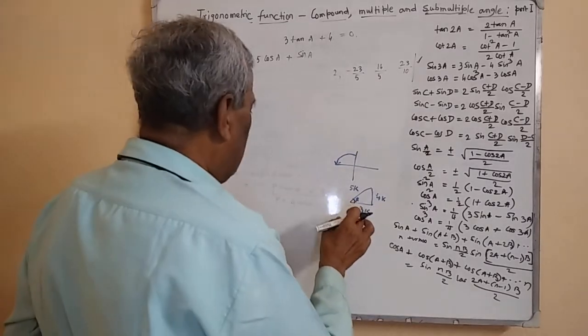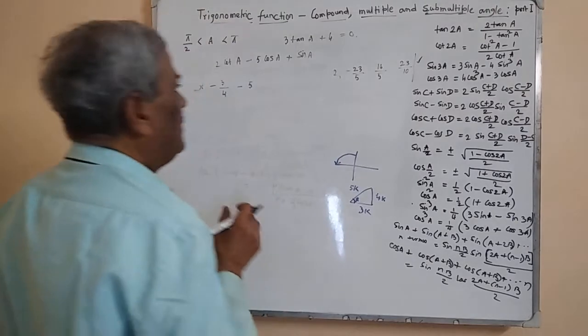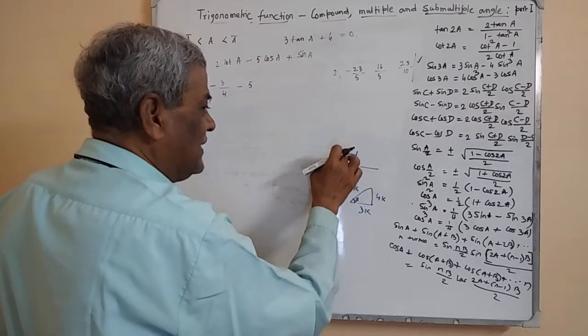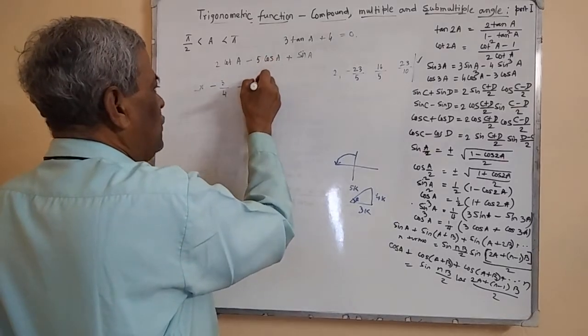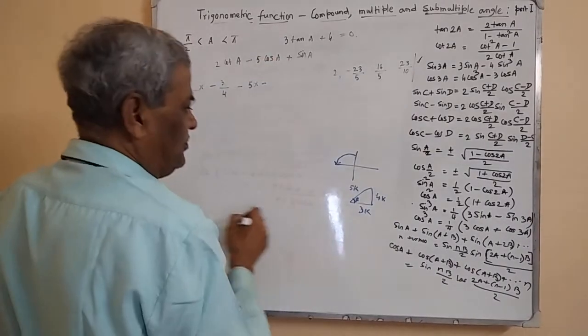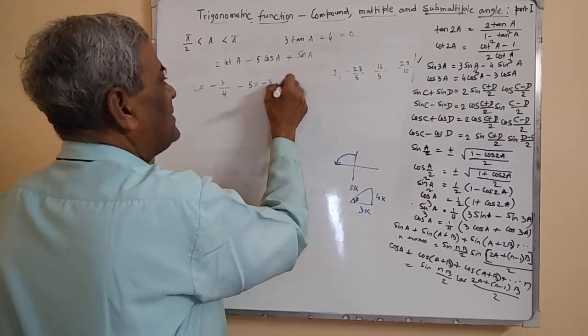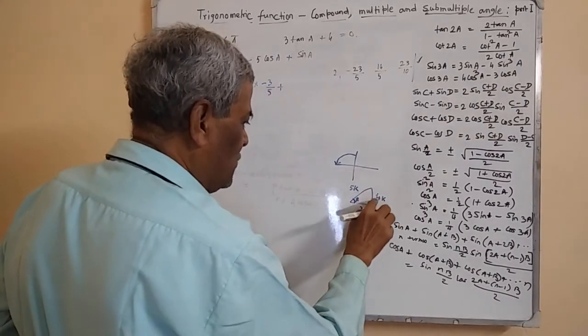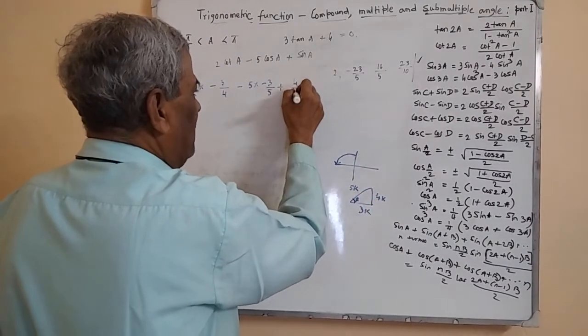Cos A will be 3 by 5 with negative sign, because it lies in the second quadrant. So it is minus 5 into minus 3 by 5 plus sin A. Sin A is 4 by 5 and it is positive.